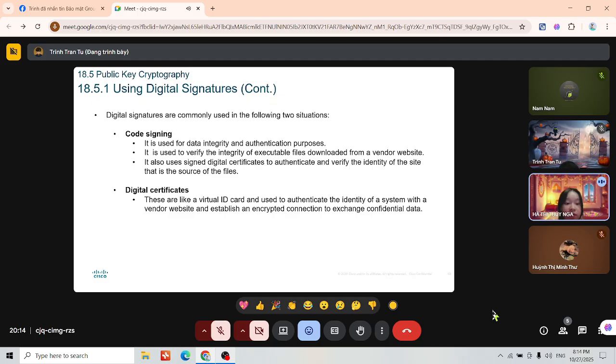Second, digital certificates are like a virtual ID card used to authenticate the identity of a system with a vendor website, and are a mechanism for establishing a cryptographic connection to exchange confidential data.